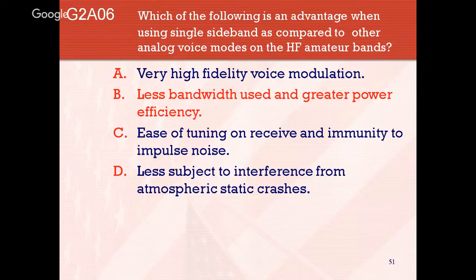If you remember back in the CB days, they advertised, with your single sideband radios, instead of having 40 channels, you suddenly have 120 channels. Well, that's not completely true. And also, instead of sending out 4 watts on AM, you're sending out 12 watts on sideband.